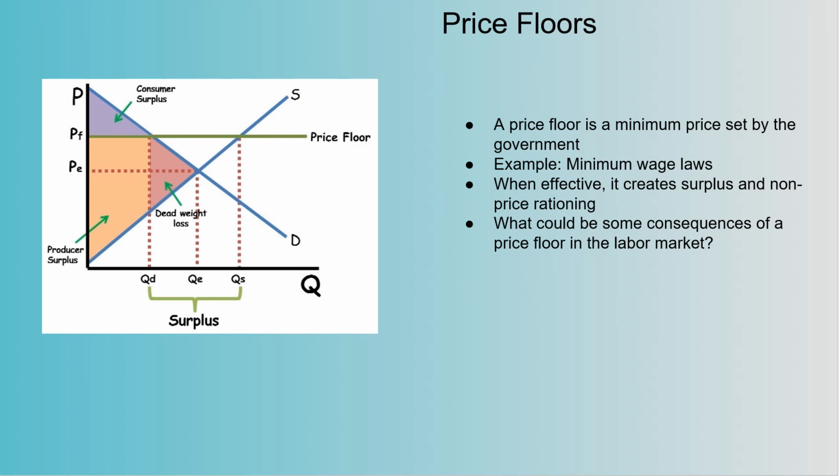Now we're going to consider price floors. In South Africa, this is very prevalent as we have minimum wage laws. Essentially, the demand for labor is provided here by the demand curve D. The supply of labor is given by the supply curve S. Government, however, has deemed that PE, the natural price of labor, and QE, the supply and demand of labor in our economy, was insufficient.